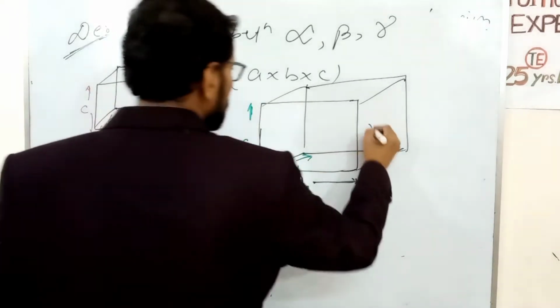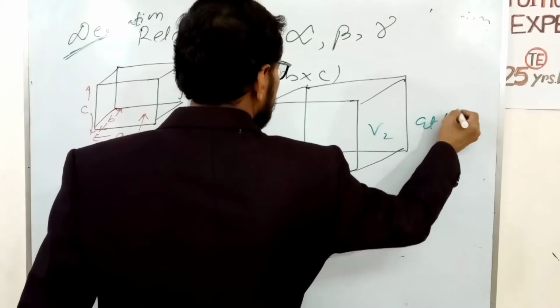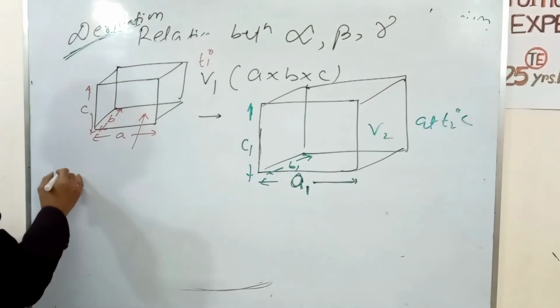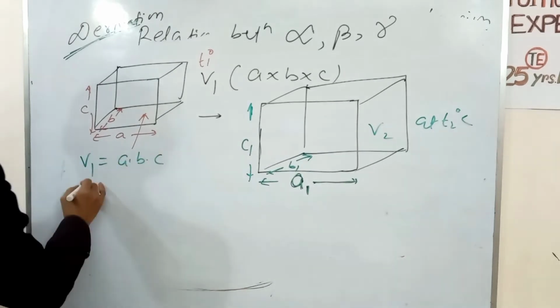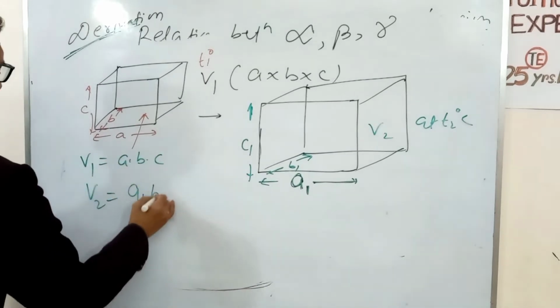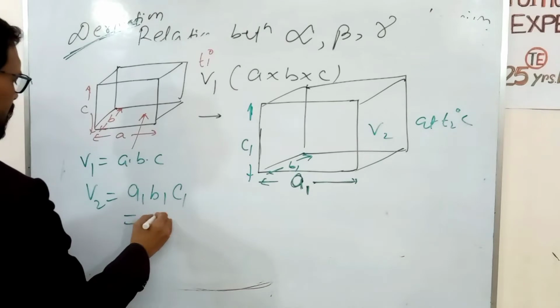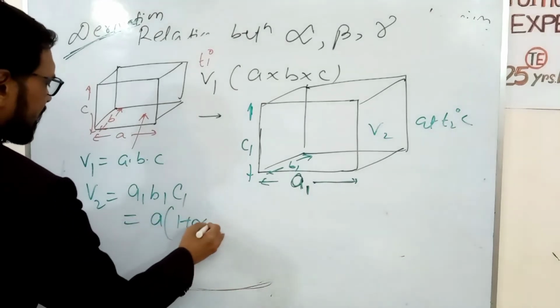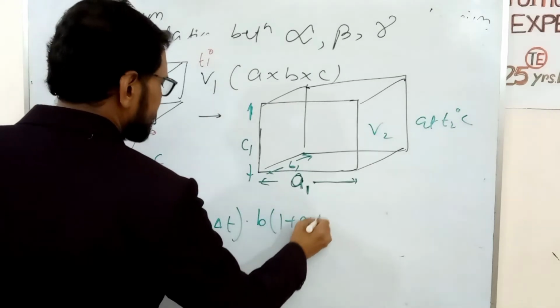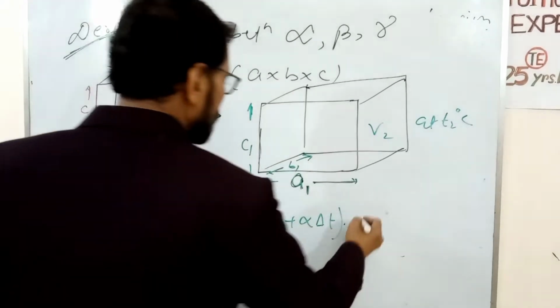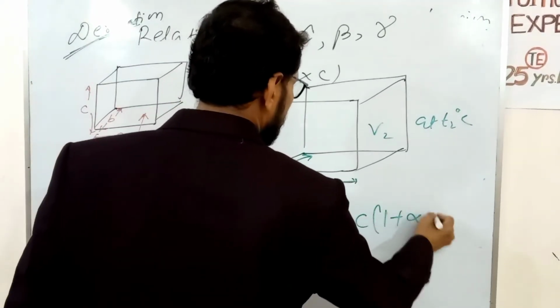So final volume is V2 at T2 degree centigrade. Now what is V2? V1 will be A into B into C and V2 will be A1, B1, C1. Now A1 equal to A into 1 plus alpha del T, B1 equal to B into 1 plus alpha del T and C1 equal to C into 1 plus alpha del T.